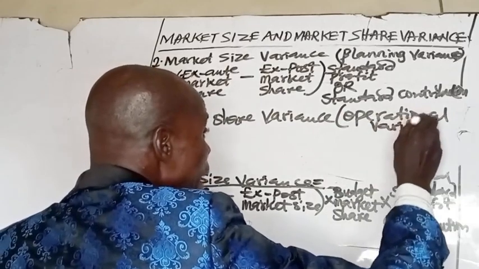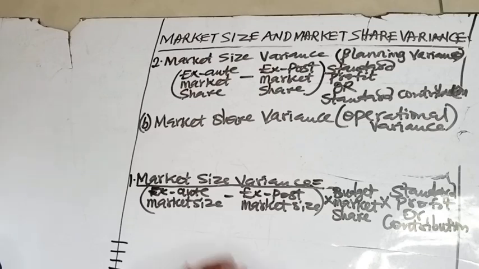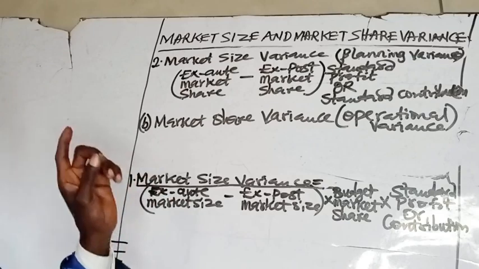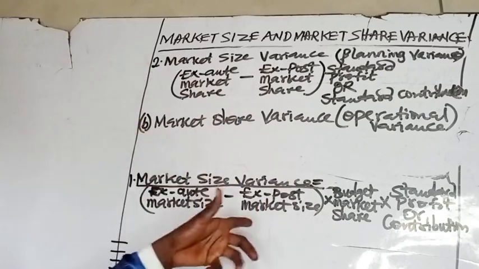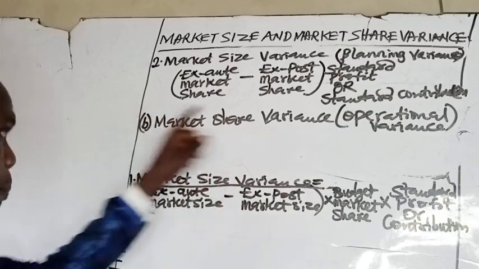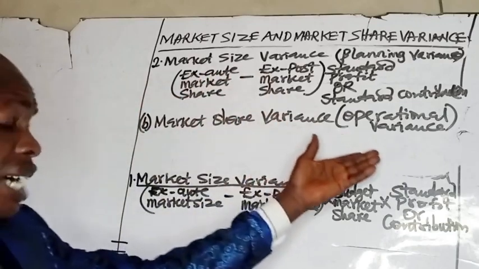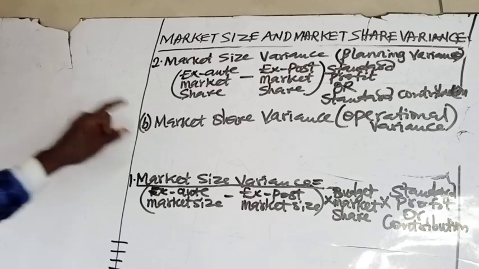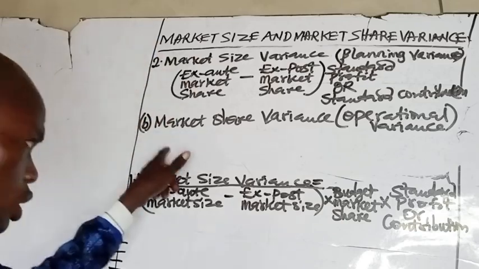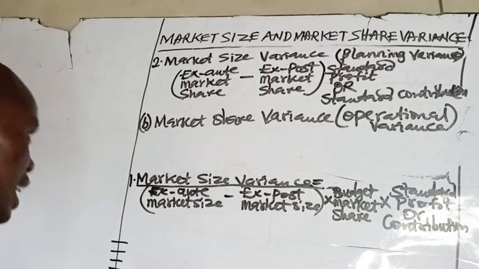In operational variance, you are going to compare the ex post with actual, ex post minus actual. I will advise you to watch my earlier lecture on variance analysis for better understanding.